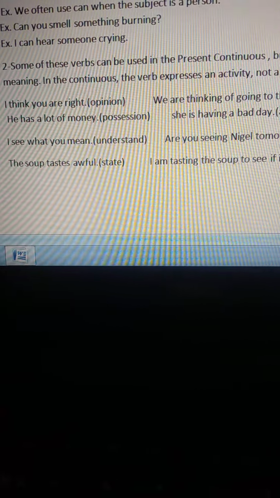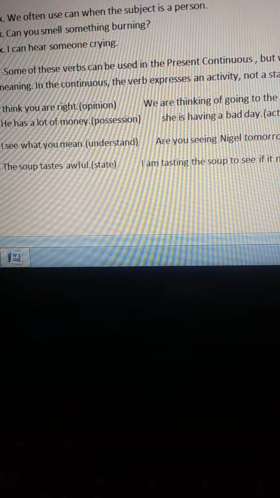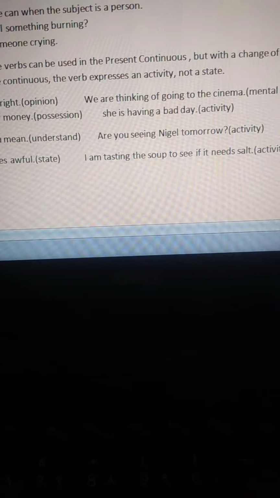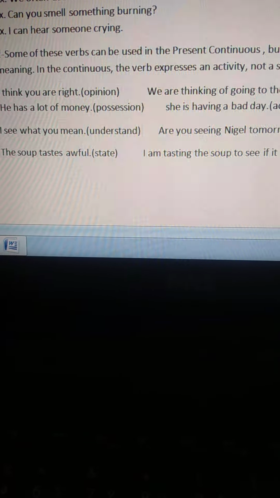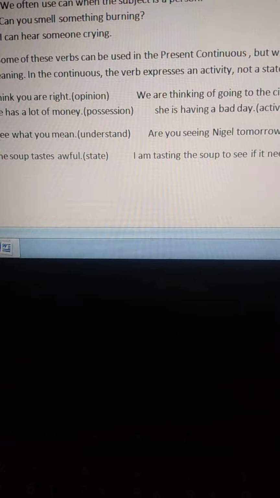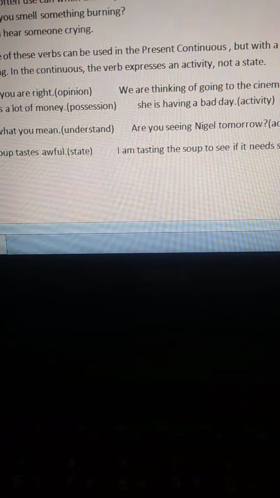Number 2. Some of these verbs can be used in the present continuous, but with a change of meaning. In the continuous, the verb expresses an activity, not a state.